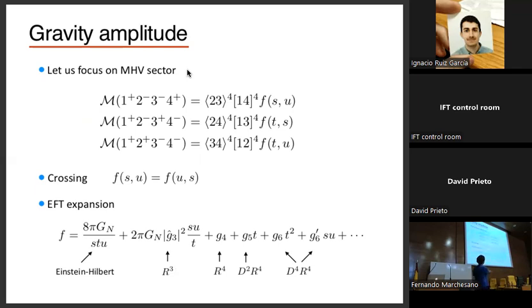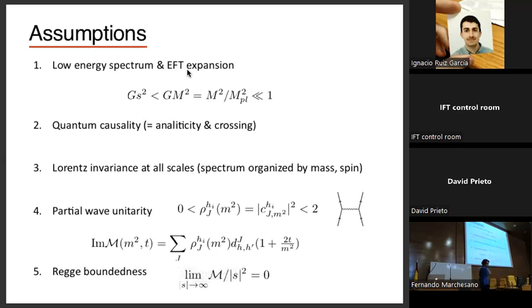So it just has an EFT expansion. This is some helicity configuration in 4 dimensions. Every independent coefficient corresponds to an operator in your favorite effective Lagrangian, and we have very simple, very basic assumptions.